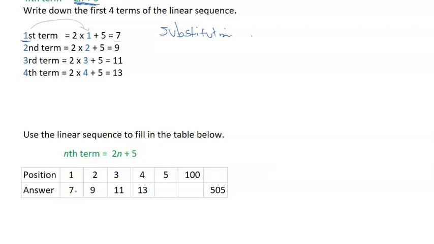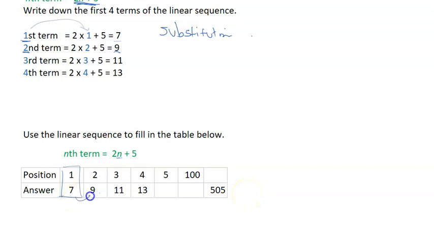The same thing for the 2 and the 9. So if it's a 2 going in that nth spot and it equals 9, it goes into those 2 boxes like that. And you look at it vertically, okay? So if 1 is substituted into the formula, that's the input, then 7 is going to be the answer, the output, okay?